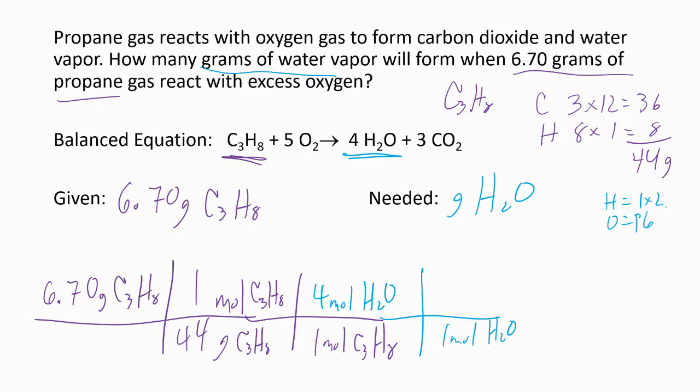There's 2 of these. So that's a total of 18 grams, right? So that's 18 grams of water for every 1 mole. So when everything is multiplied, 6.7 times 1 times 4 times 18 divided by 44 gives us a grand total of, rounded to significant digits, 11.0 grams of water. All right.